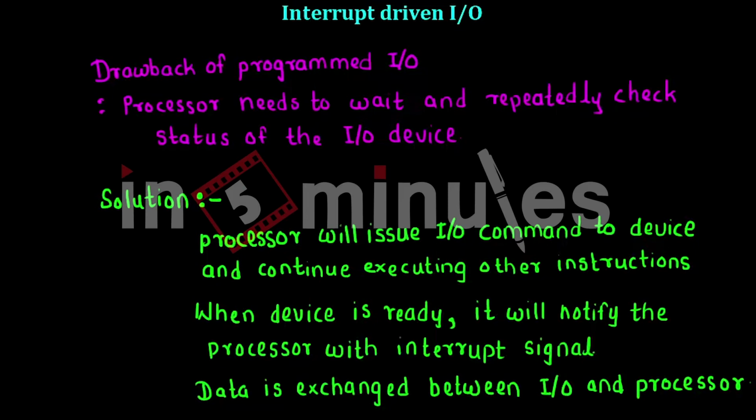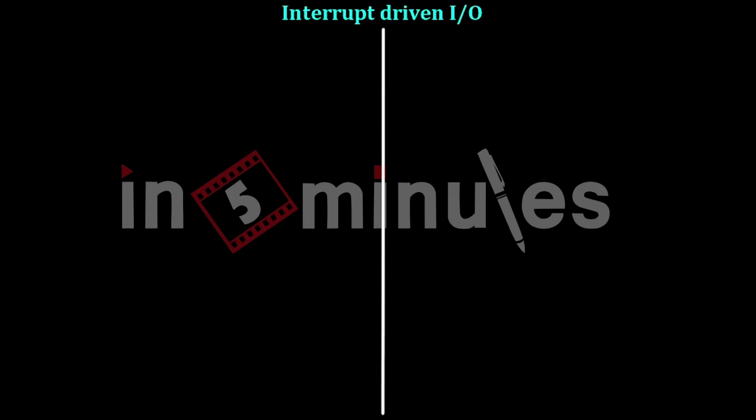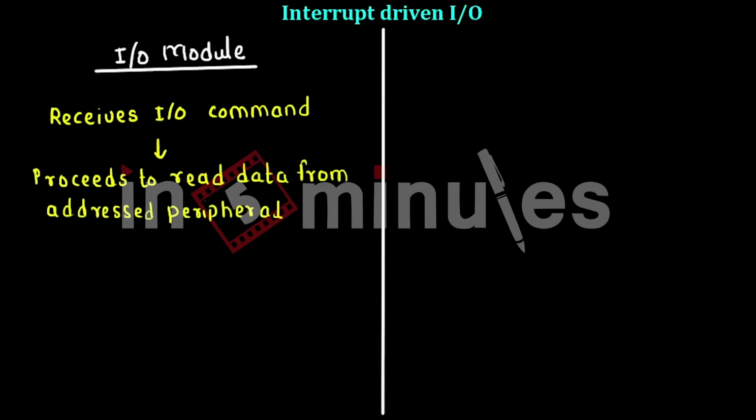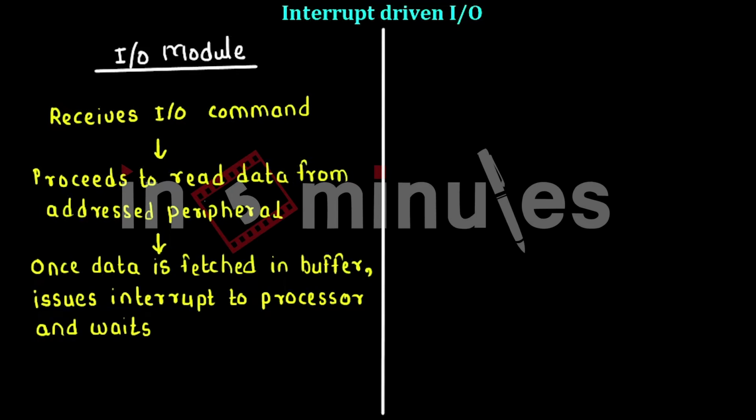Now we will see this access method from the point of view of the device as well as the processor. From the perspective of the I/O module, first it receives the input/output command from the processor. Then it proceeds to read data from the addressed peripheral, doing the function assigned to it.